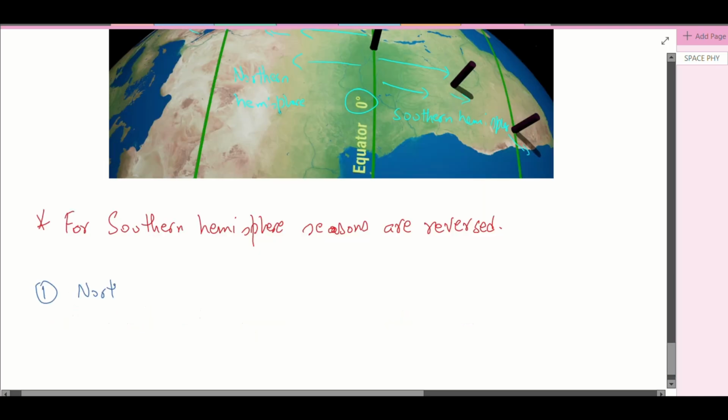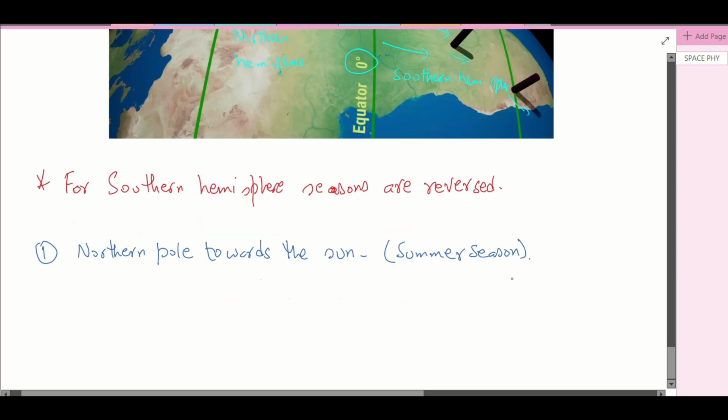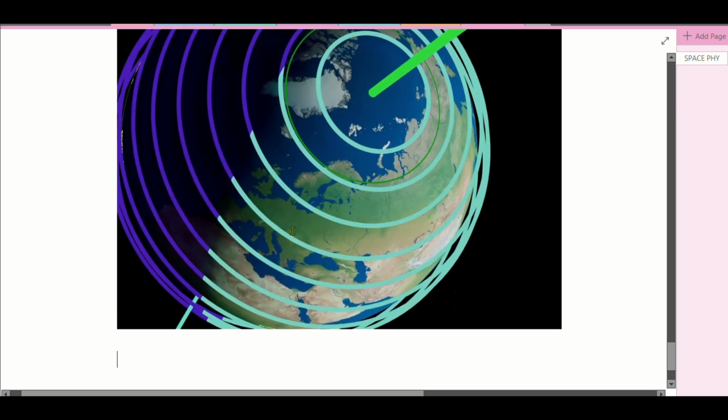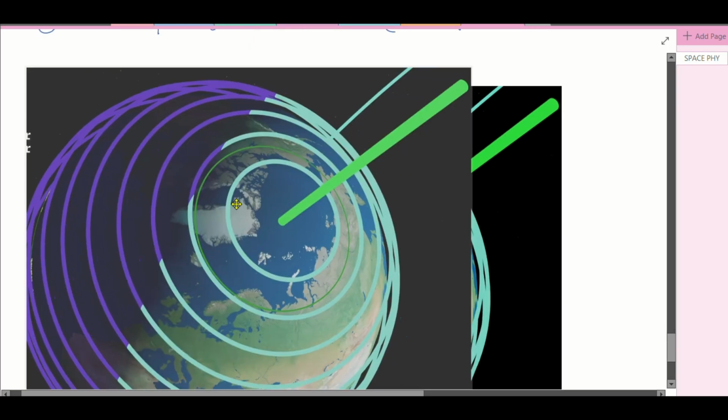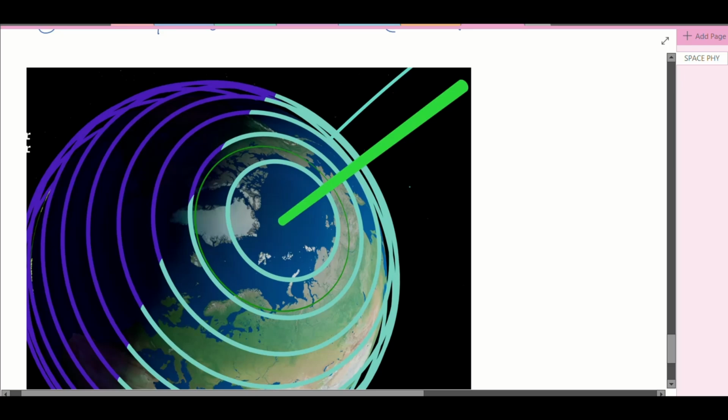I will give you a reference image for the North Pole towards the sun, which we get in the summer season. Here you can see this one, the green line is the North Pole, and definitely the sun is at this side.